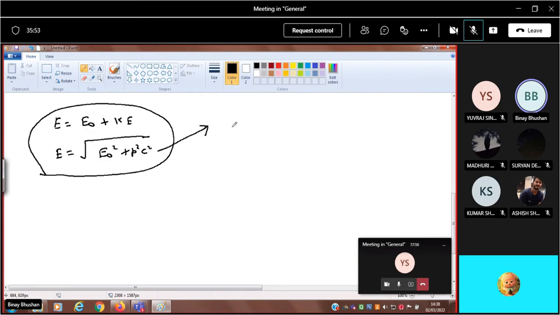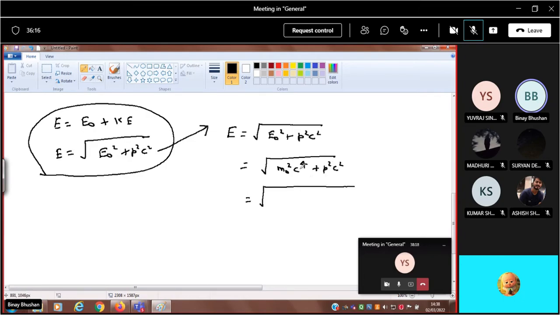So for the electron, the energy will be equal to the square root of E naught square plus P square c square. E naught square is m naught square c4 plus P square c square, and the value of m naught is given, 0.511 mega electron volt by c square, squared, then c4.